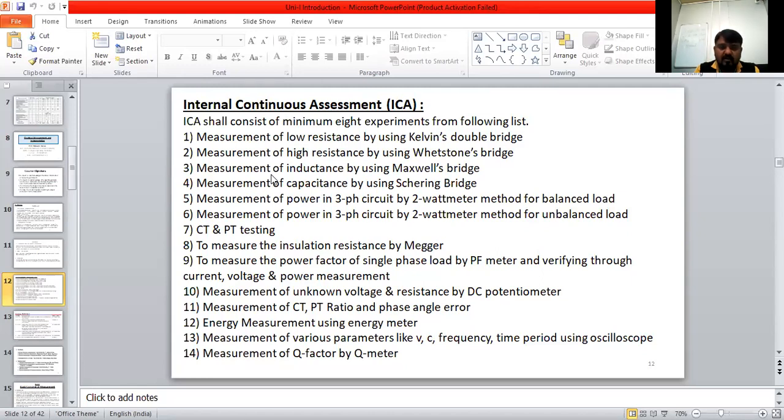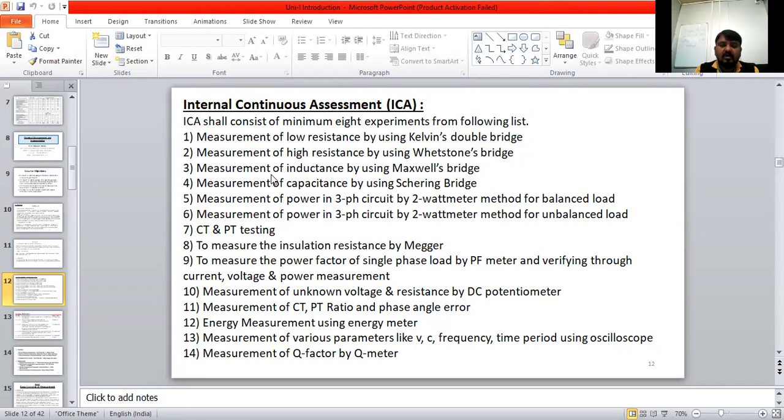For each phase, 1 wattmeter is actually required, but using 2 wattmeters is also possible and gives the same answer. Experiments 5 and 6: one for the balanced load, and another we are going to discuss for the unbalanced load.